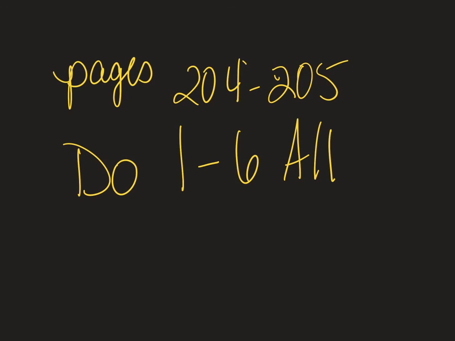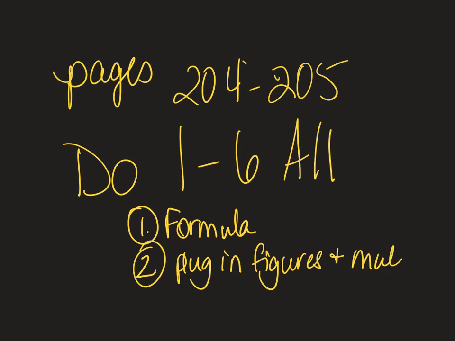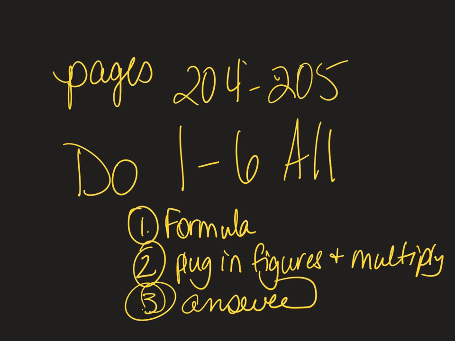Okay, now, yes, you must show your work. I don't have a problem if you do it in your book, but then I want you to write it on paper by showing your work step by step. Remember, you're going to write your formula. Then you're going to plug in your figures and multiply. And the last number is your answer. Just like I did on the other pages, okay?